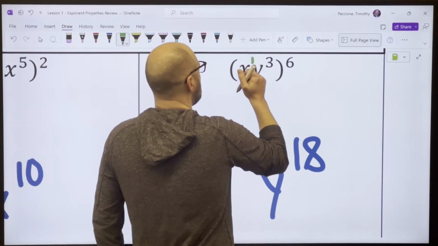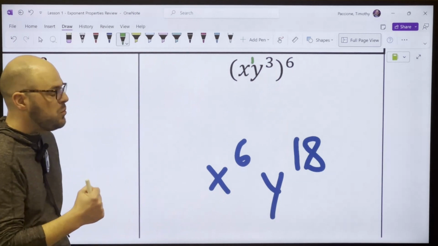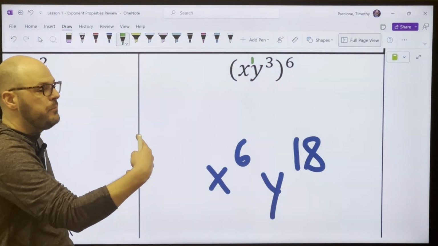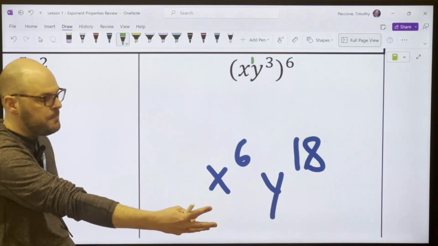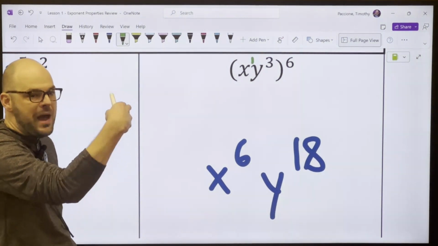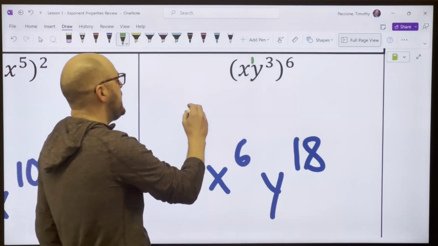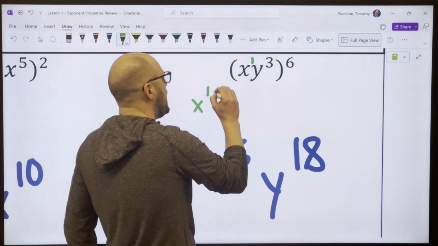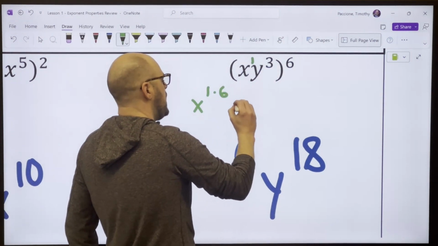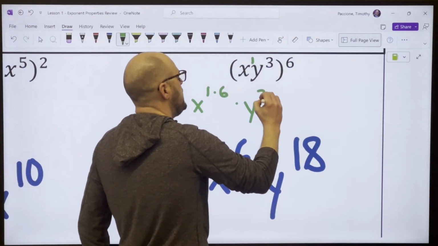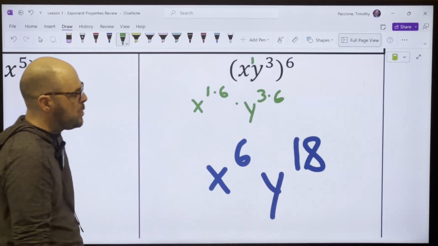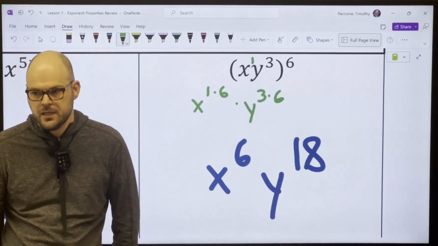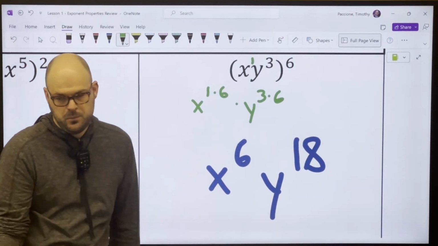Okay, so now I have x to the 1 times y to the third, all of it being raised to the 6, right? And our power to a power says multiply. So that's x to the 1 times 6 times y to the 3 times 6. Well, what is 1 times 6? 6. 3 times 6 is 18. Okay?